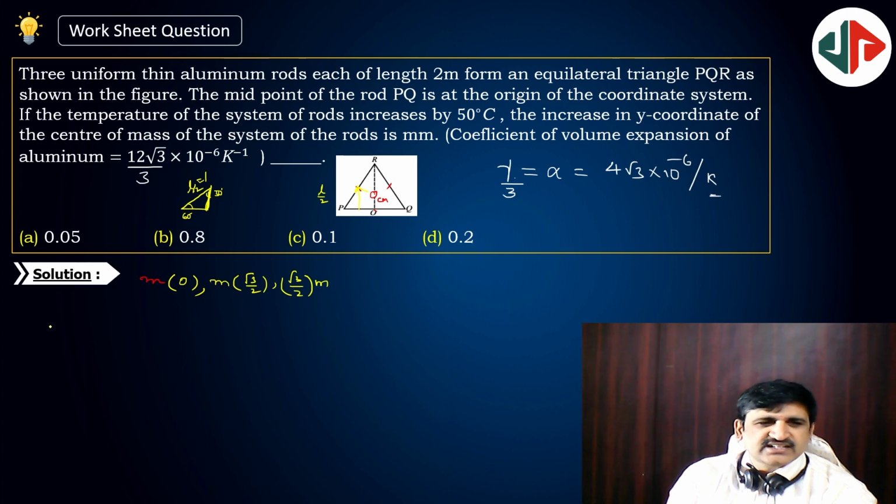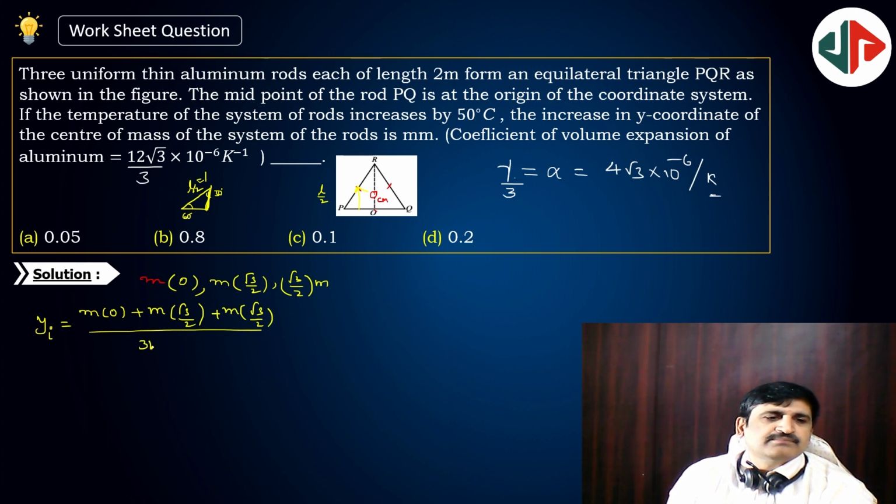So initial center of mass location y initial is equal to m1y1 plus m2y2 plus m3y3 by m1 plus m2 plus m3, 3m. So this gets cancelled. So that is 2 root 3 by 2 plus 0. Now final length will not be 2 meters. Final length L2 is equal to, on heating what happens?